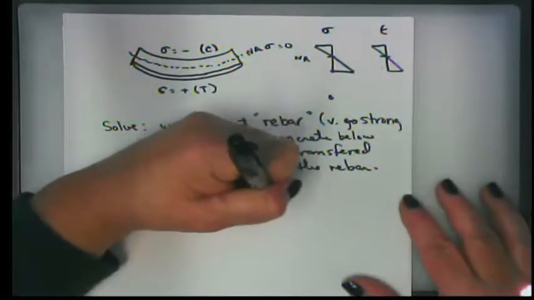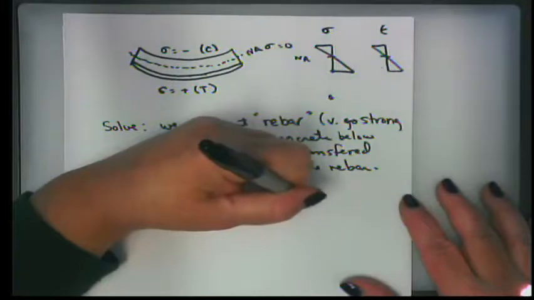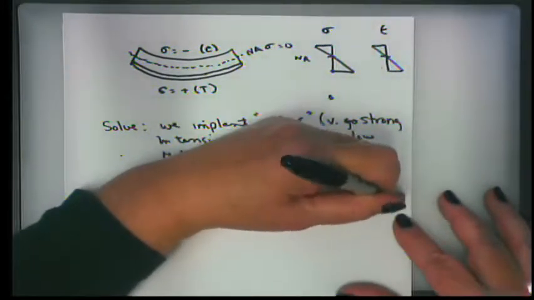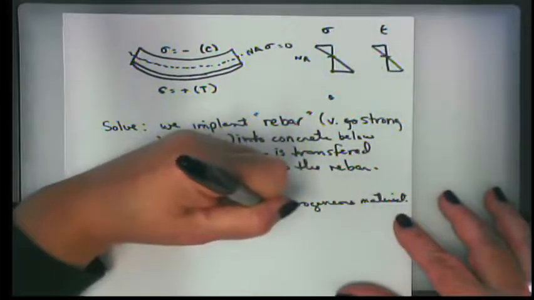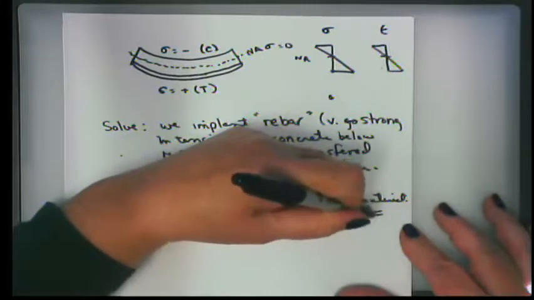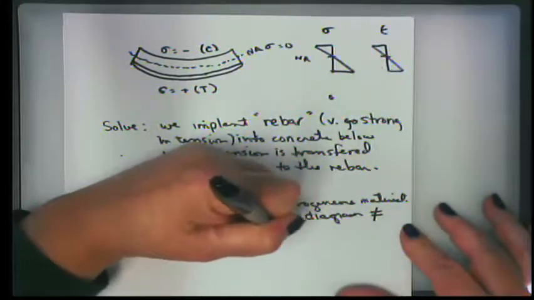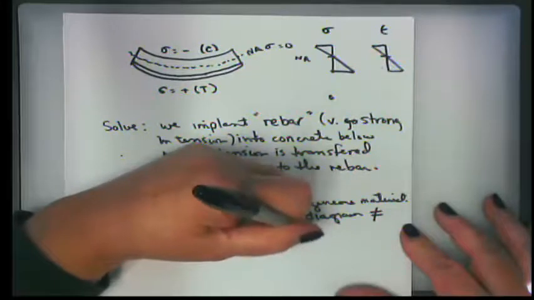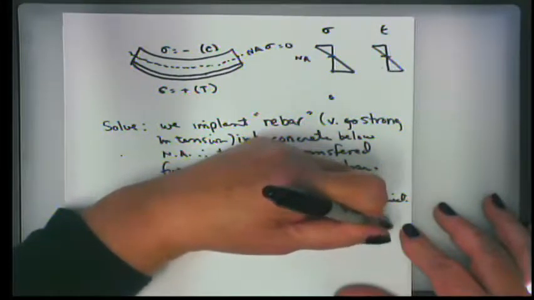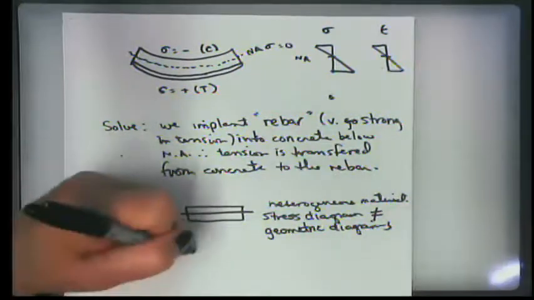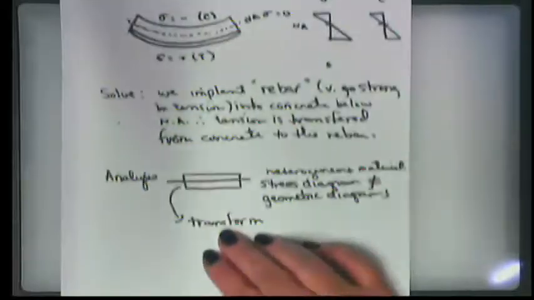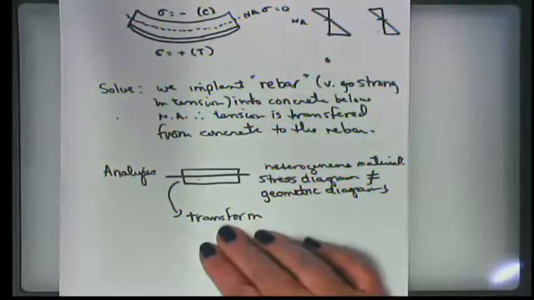But when we have a heterogeneous material of any type, the stress diagram is not the same as the geometric diagram. So what we have to do is to take our geometric diagram and transform it to a diagram that looks like how the stress is being borne.